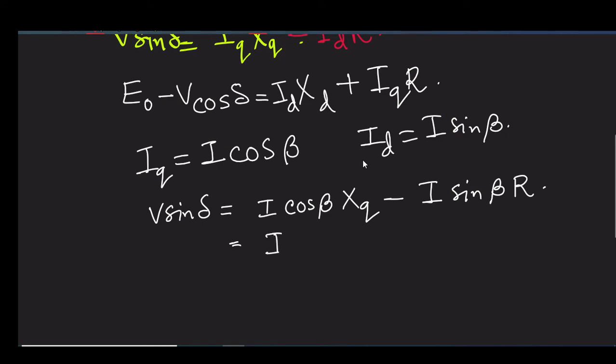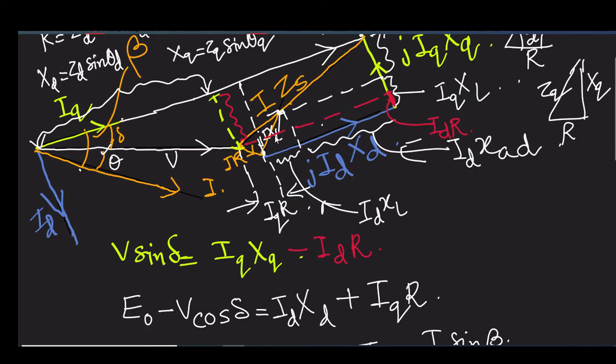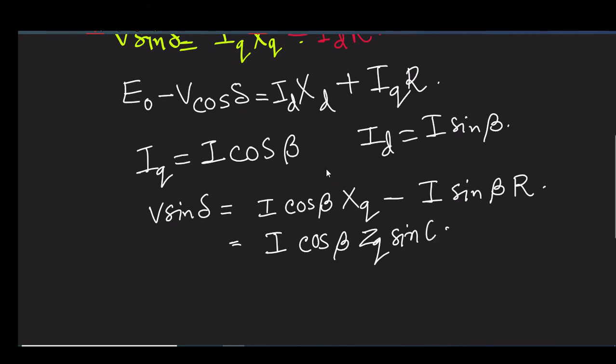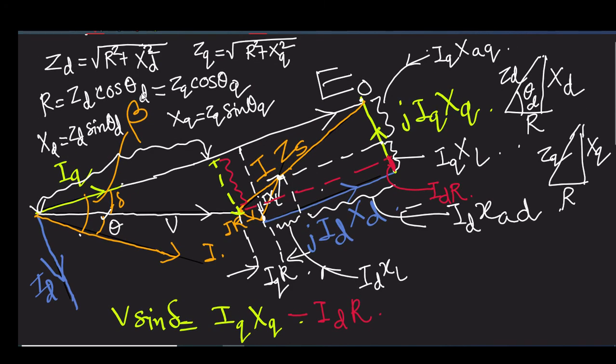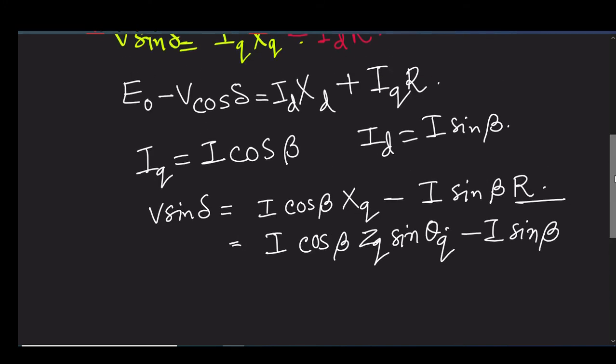So let us write I cos beta XQ is equal to ZQ sin theta q, minus I sin beta. This one is cos theta q. So together they give I ZQ.